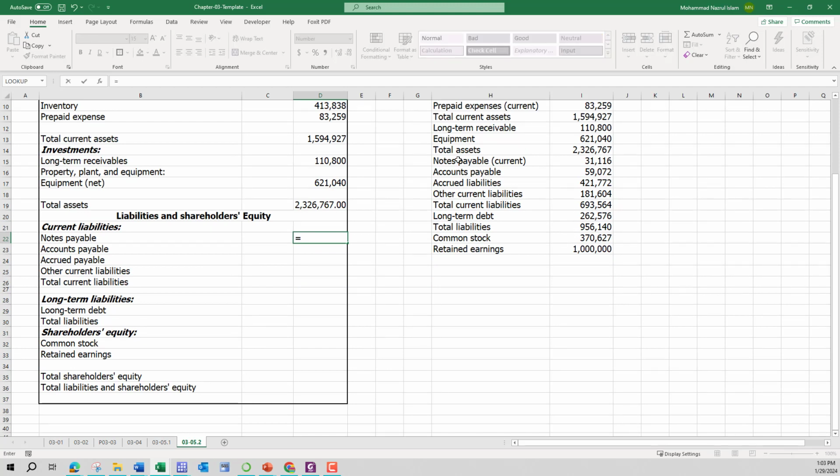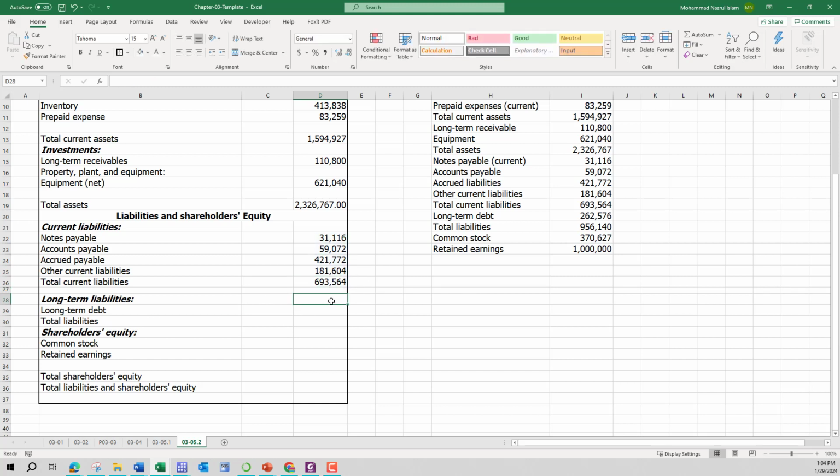Notes payable would be this one. Then accounts payable, and accrued liabilities, or accrued payable. Other current liabilities is equal to this one. So total current liabilities would be equal to this.